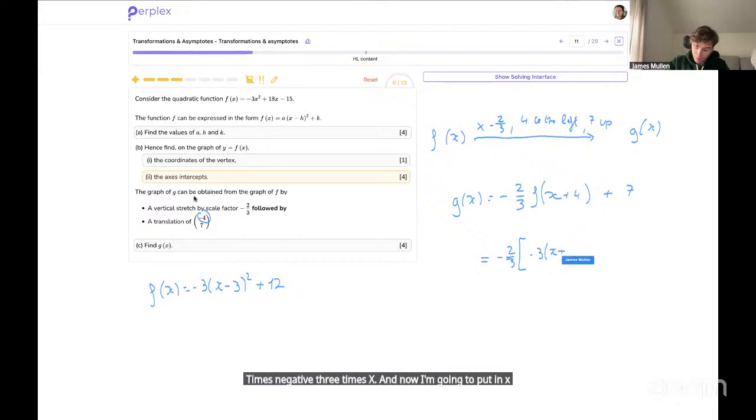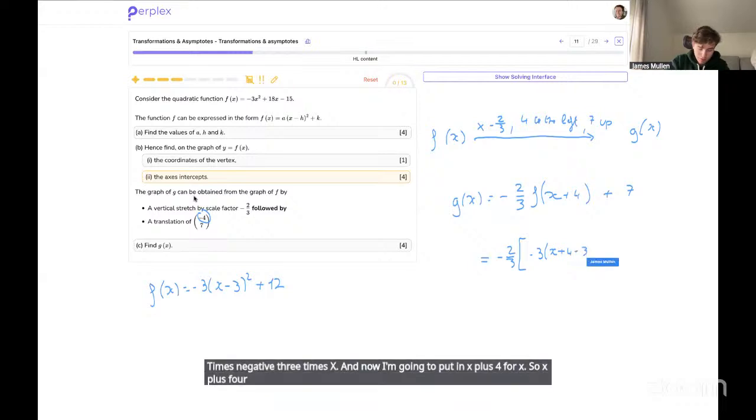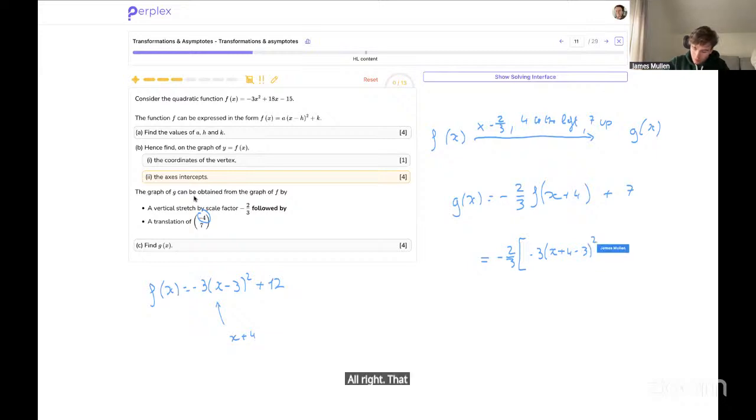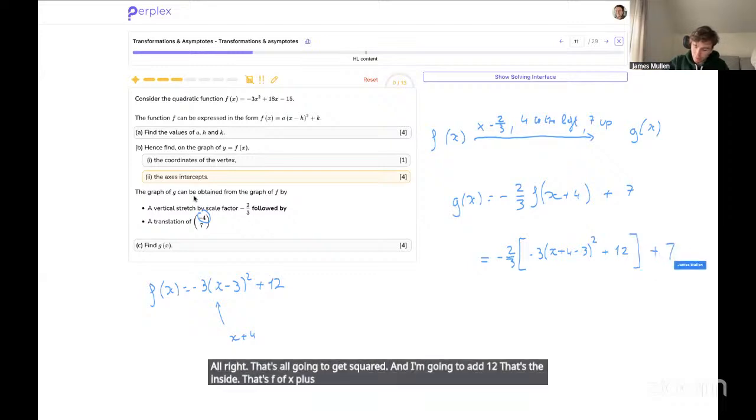So x plus 4 minus 3, because I put x plus 4 in here. That's all going to get squared, and I'm going to add 12. That's the inside. That's f of x plus 4, and then plus 7.